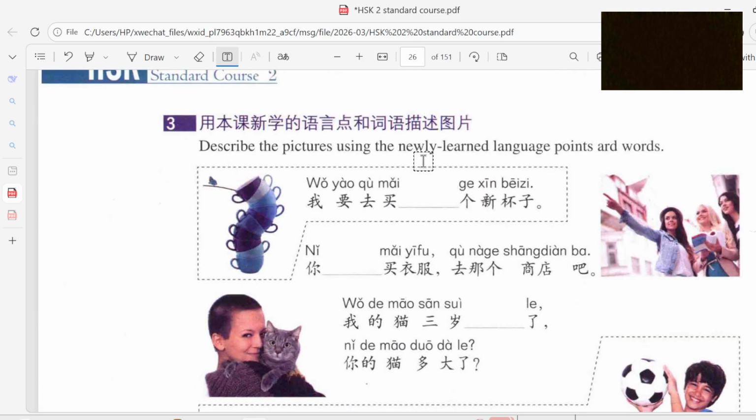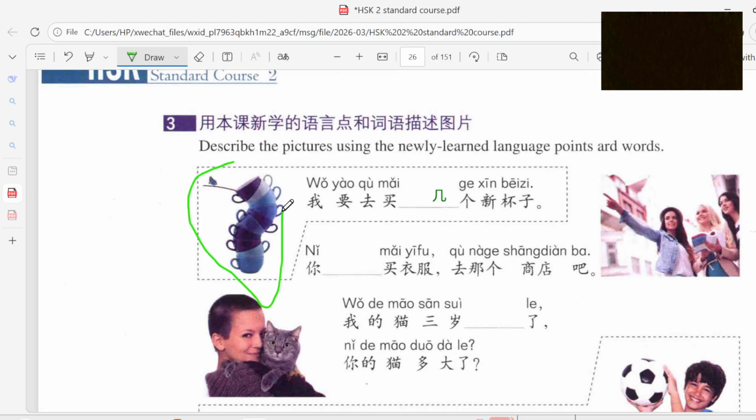Alright. Describe the pictures using newly learned language points and words. 我要去买。Here I use 几. We just learned how to use 几个, 几 right before the measure word. You have a measure word here. 几个新杯子, some new cups. I want to go buy some new cups.